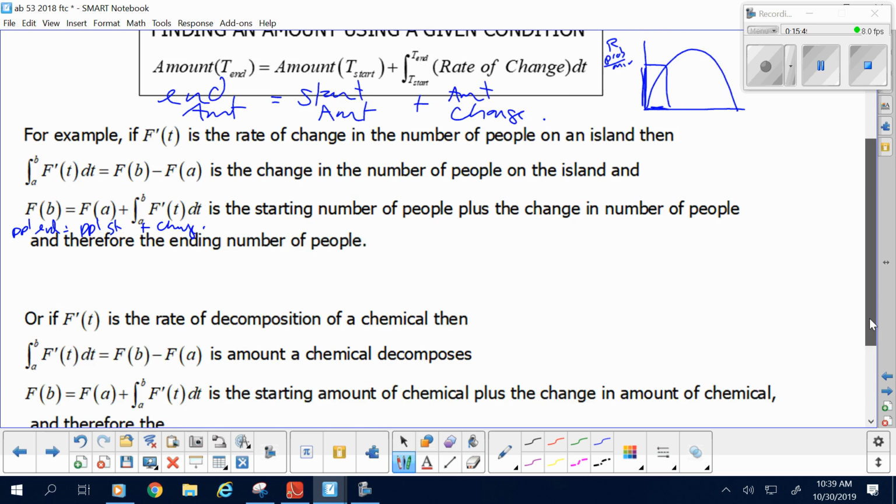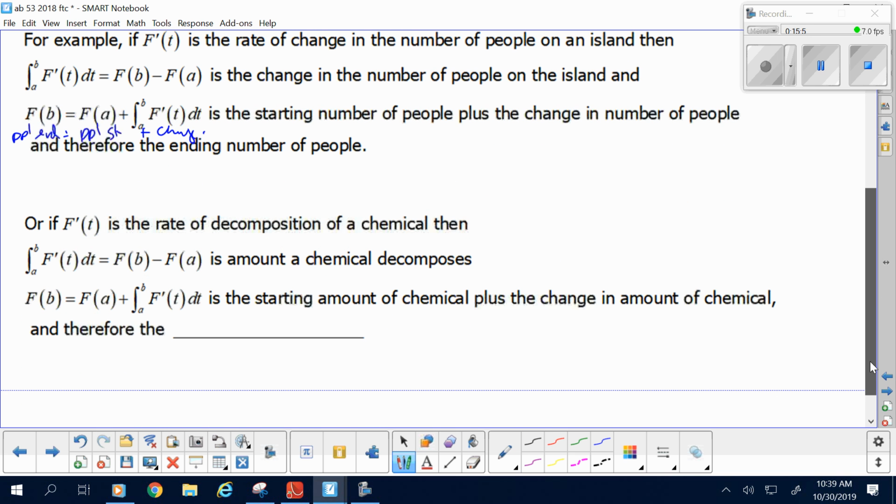Same goes with, say, the function f prime. They give you a rate of decomposition. By integrating a rate of decomposition, I get amount of decomposition. And if I wanted to move stuff around, say I move the f of a over, then doesn't that mean the starting amount plus the amount of decomposition? What would that give you? Starting amount plus amount of decomposition gives you ending amount.